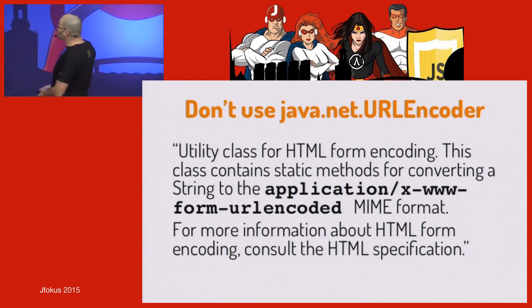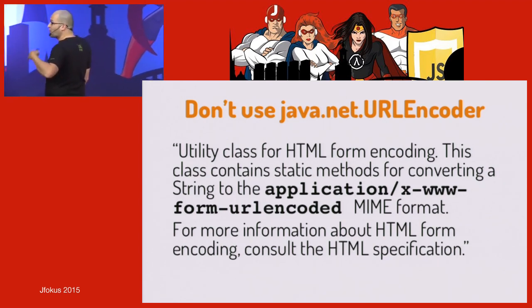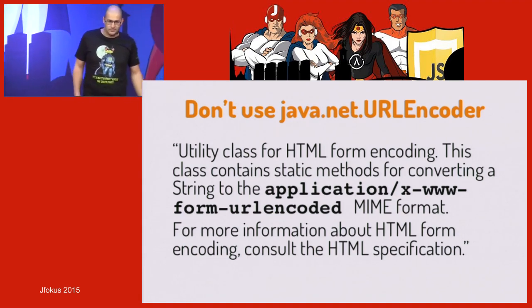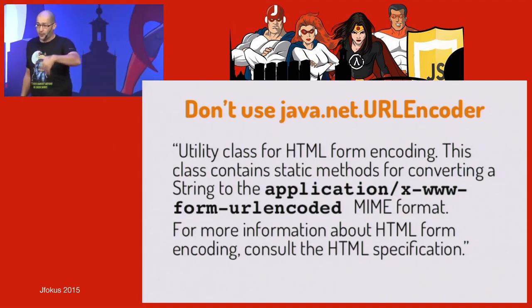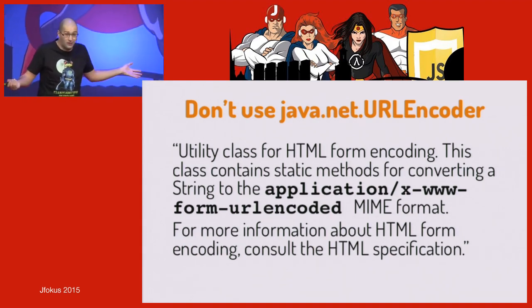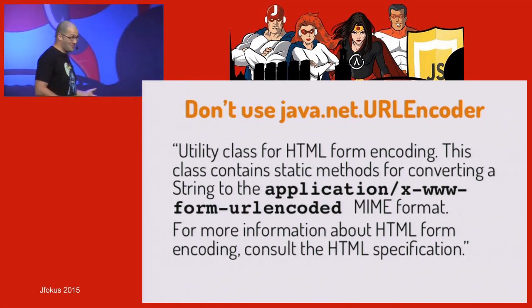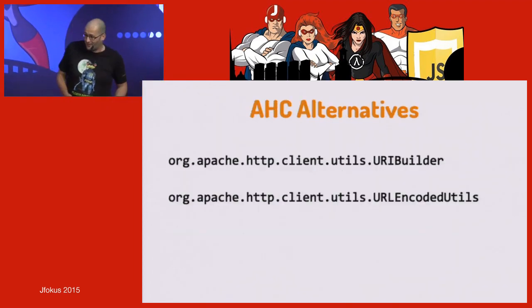Another problem with URL encoder is that it is not a URL encoder. It's actually an encoder of form parameters that are passed from the form post request. They are not even in the URL. So this is definitely not a URL encoder. It's a form fields encoder.